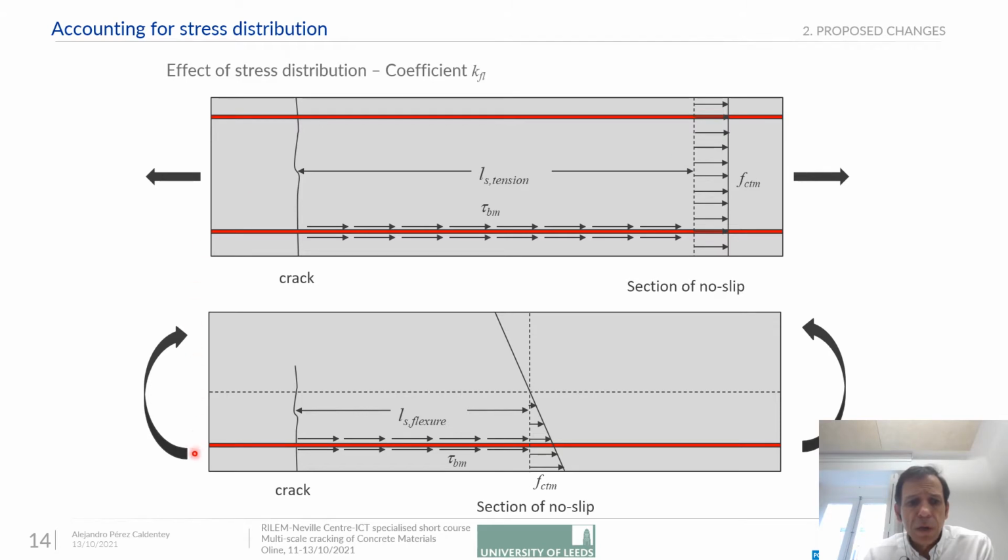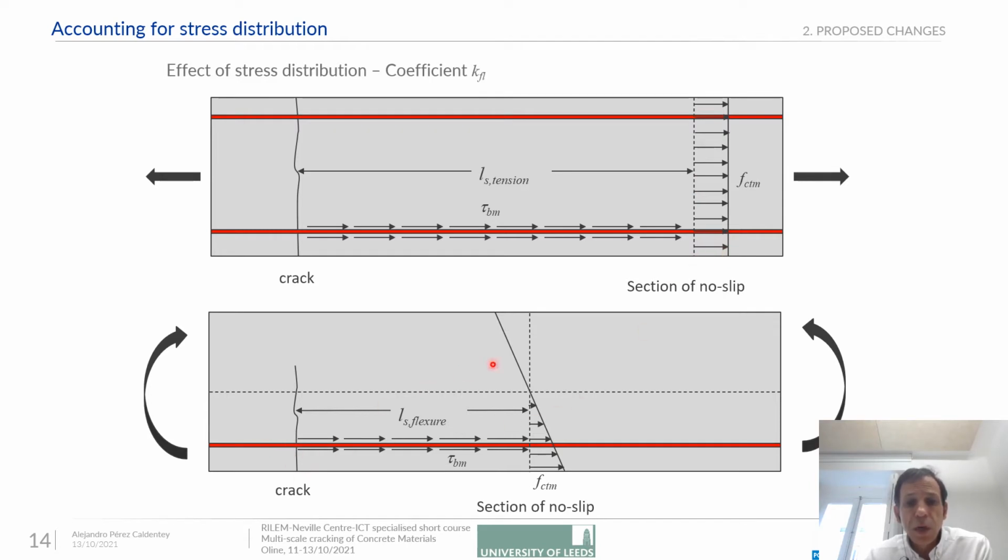If we look at the same phenomenon but for bending, we realize that the force we need to transfer through bond is smaller. If the full tension area is effective, it is actually 50% of what we need in tension.